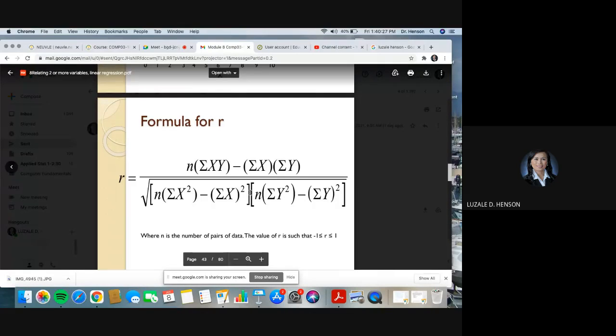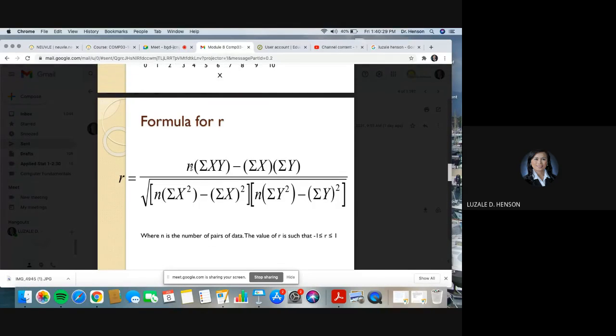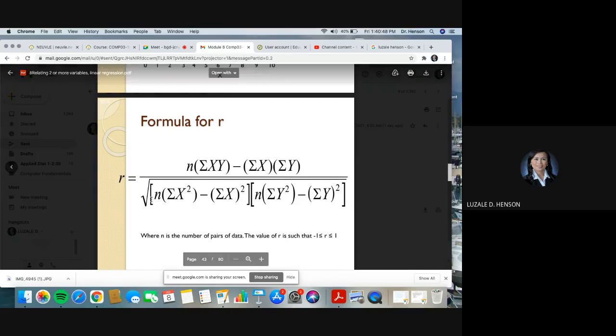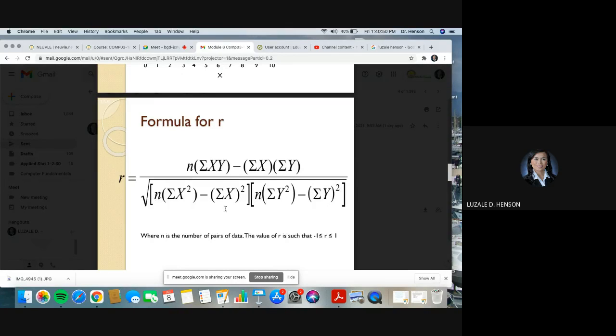You have n as your sample size, summation of the product of x and y, and then you have summation of x times the summation of y. This one is different from this, huh? And then divided by the square root of the quantity n times the summation of x squared minus the summation of x quantity squared.